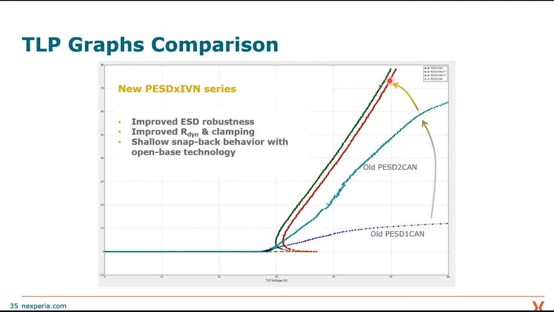And right now the latest product in our portfolio is the PESD IBN series, which is improved in dynamic resistance even more.